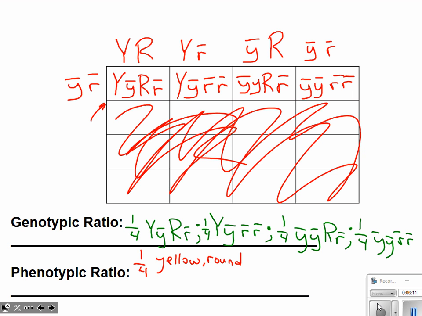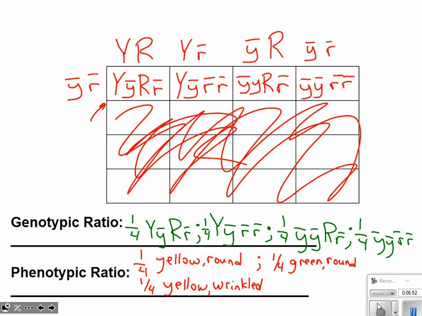What's my second one here? Well, it's also yellow, right? But it is yellow wrinkled, right? 1/4. Do I have another one? Absolutely. It is green and round. Do you understand how we got green round?